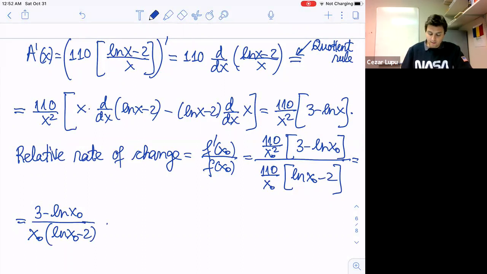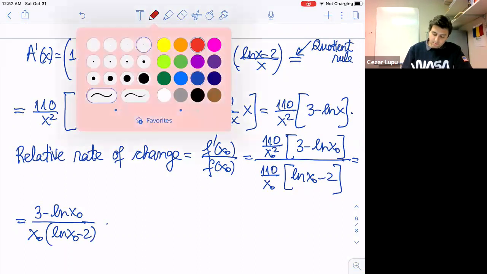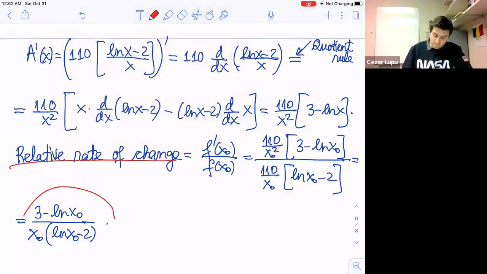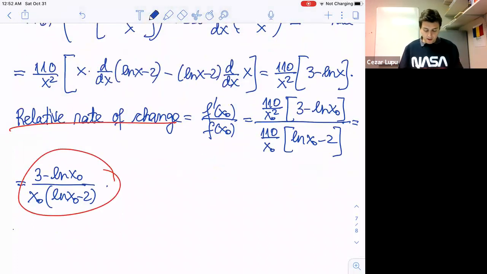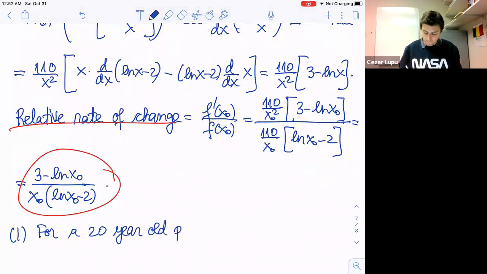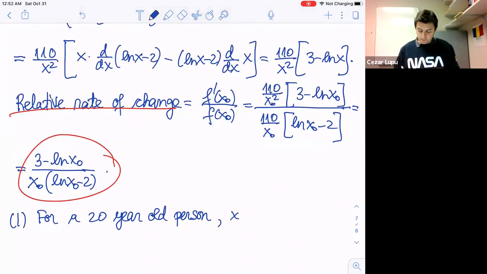Okay, so this is the relative rate of change. Look at it here. And now the only thing we need to do is just to see what happens for a 20-year-old person. So for a 20-year-old person, this x naught is 20.